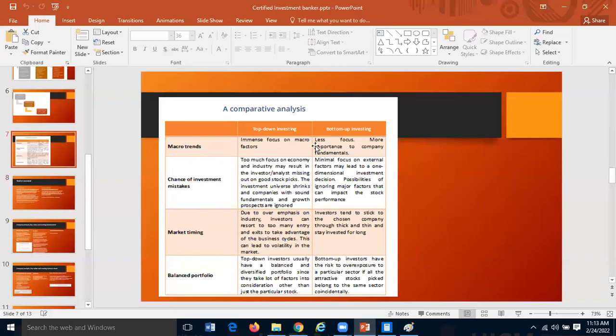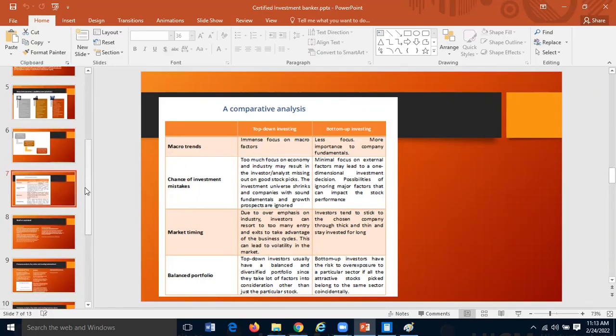So these are the trends in which we will focus on the macro. We will see the economy, market timings, and balance portfolio. When we are seeing the macro factors, we will follow the top-down approach, and when we are seeing the micro factors, we will follow the bottom-up approach.